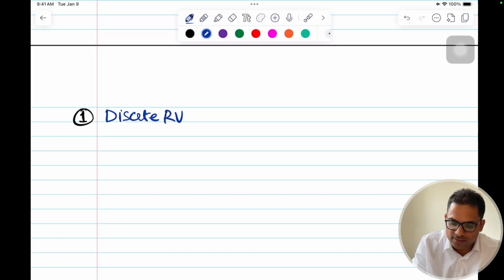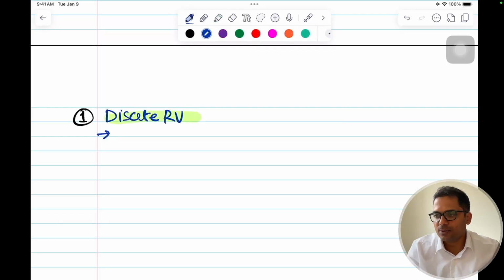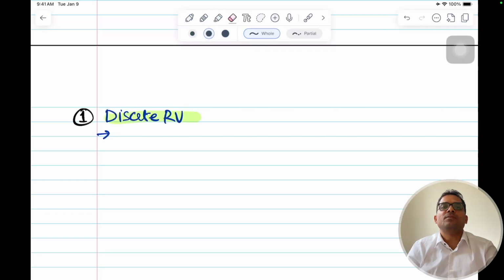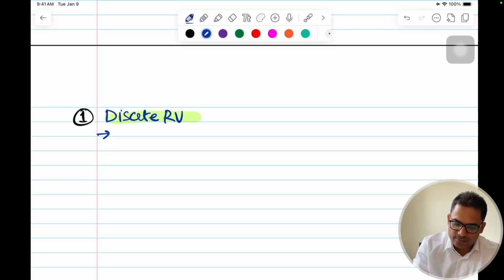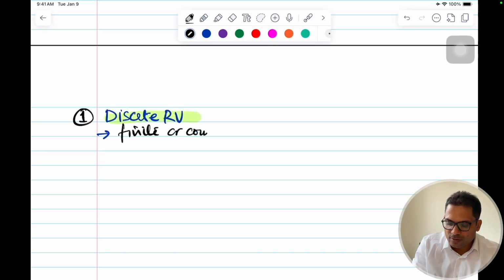We know what is discrete. A random variable that can take a finite or countably infinite number of values. The point is counting.